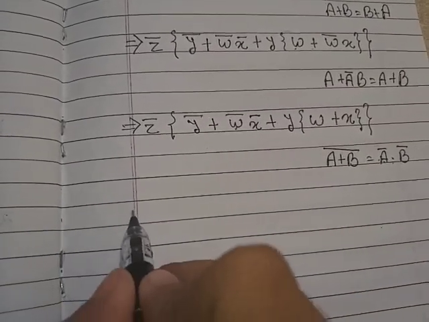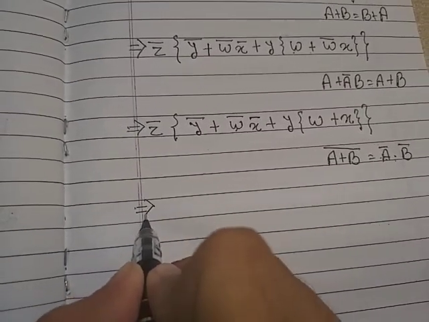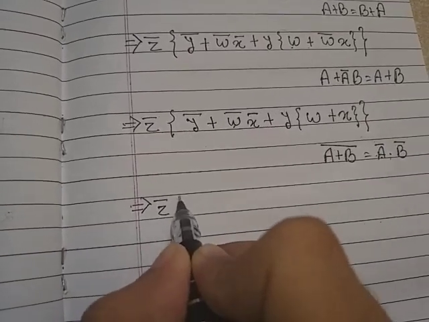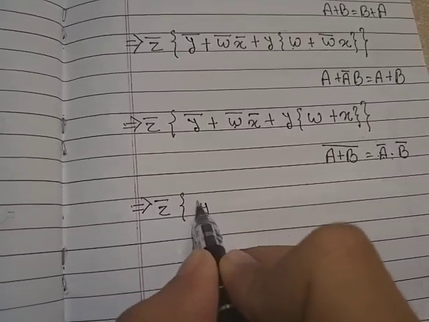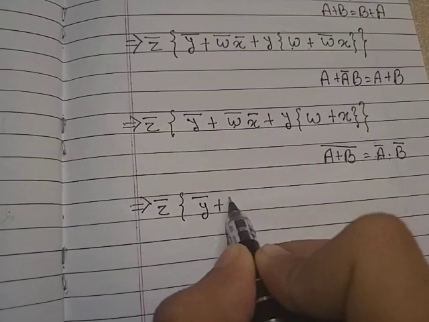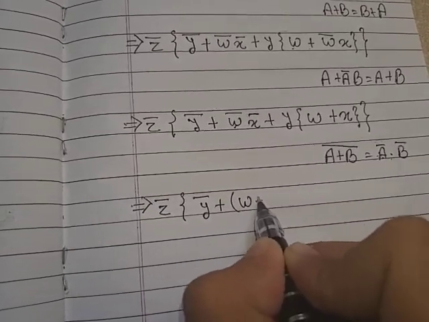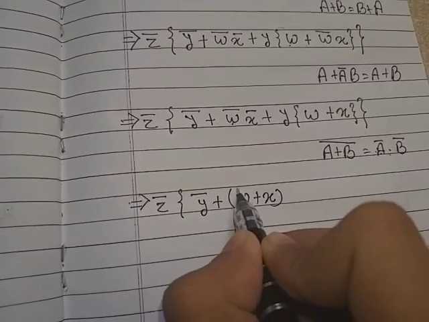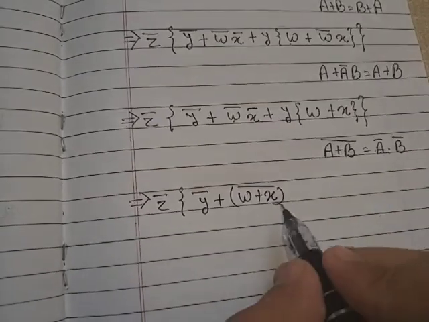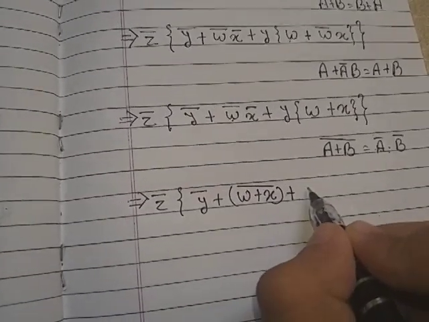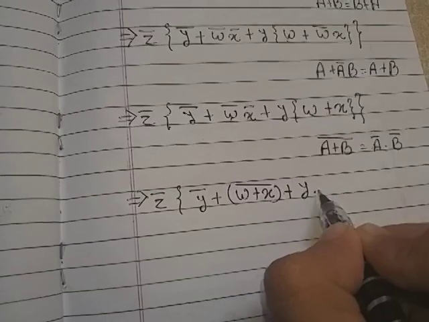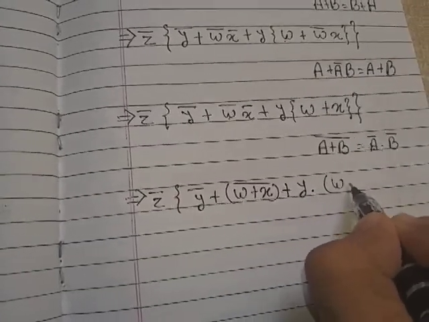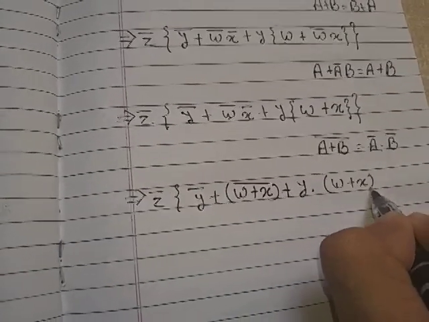So here we go: z bar times y bar plus w plus x to the whole bar, and the rest is as it is, y dot w plus x.